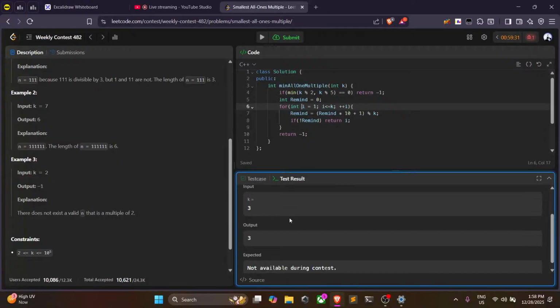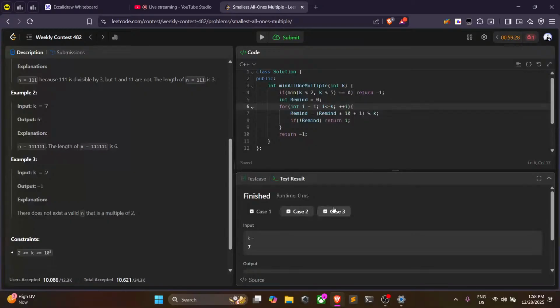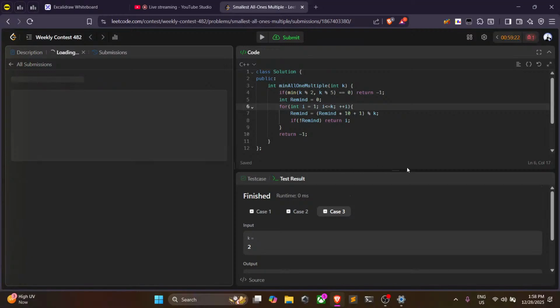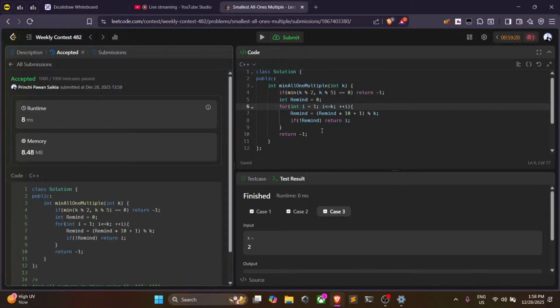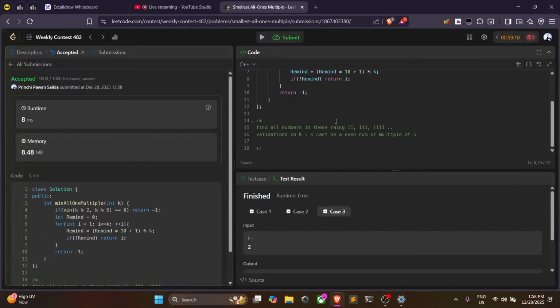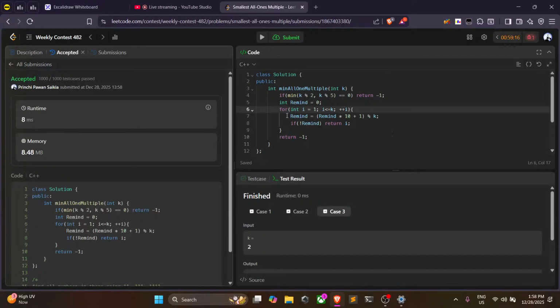So we are trying every possible value. Let's check. Oh yeah, it's passed. So basically, we are testing for every possible value.